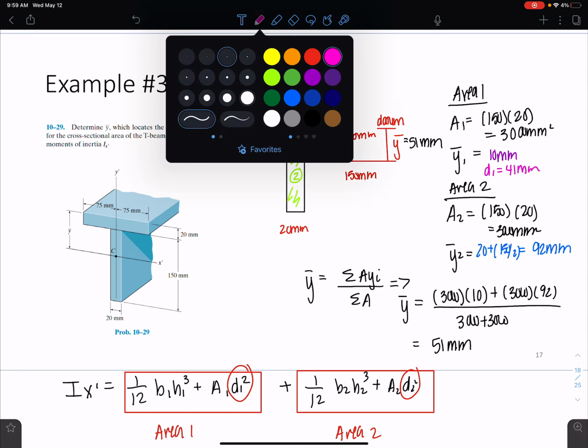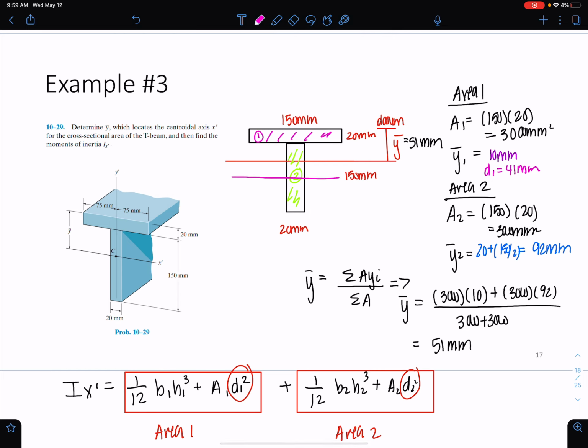d2 is the distance from the center of area 2 to the neutral axis. So I'm looking for this. The center of area 2, the whole thing is 150, so half is 150 divided by 2, which is 75. This whole distance is also 75 millimeters.